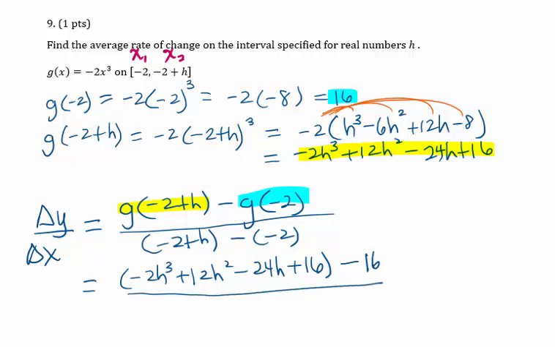If you simplify the denominator, this is negative 2, and minus a negative 2 becomes a plus 2, so that's just an h that's left in the denominator.